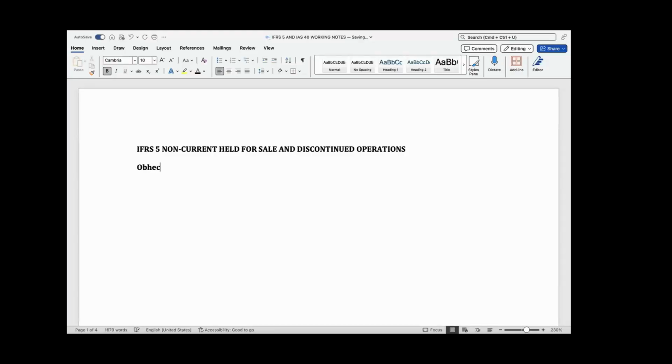So I want to start with the objective. Basically, we want to look at recognition and measurement of a non-current asset that is held for sale. That's the first item there.